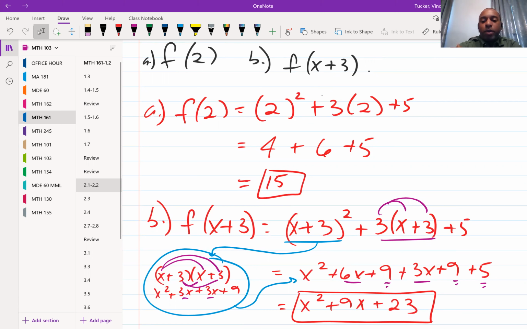That gives me x squared plus 6x plus 9, excuse me. And then distribute that 3, and that's 3x plus 9. And then plus 5 still in the back. Then you combine your like terms: 6x and 3x give me 9x, and 9, 9, and 5 will give you 23.